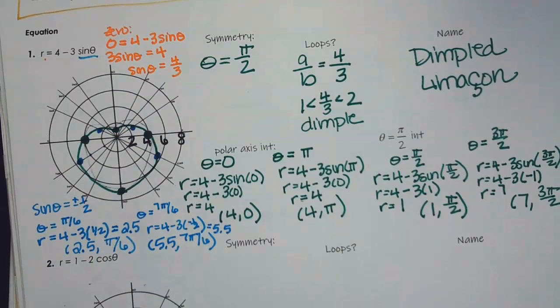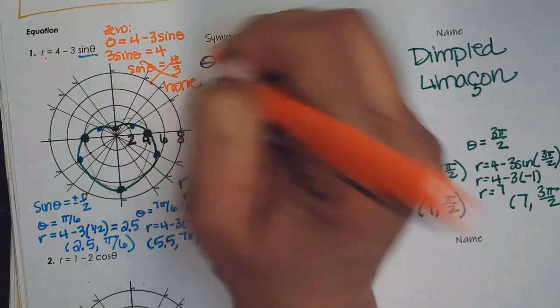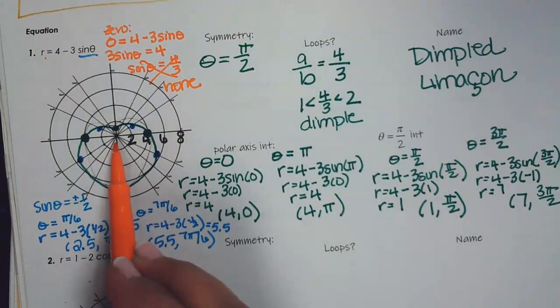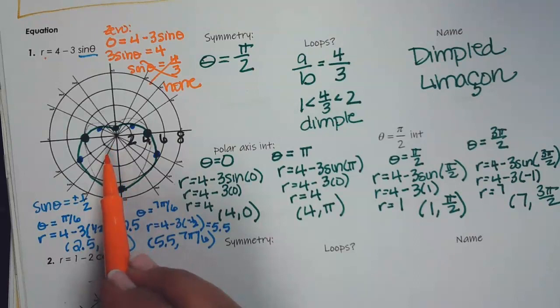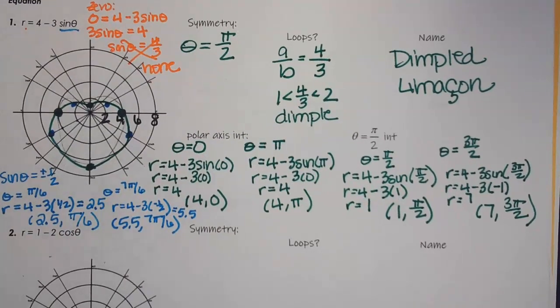At what angle will the sine of theta give you 4/3? It doesn't, right? What's the maximum sine can be? 1. So do you guys see that there aren't going to be any zeros? Do you also see how then there wasn't a point at the pole? Okay, so that's how the zeros kind of correspond to the graph in that regard.